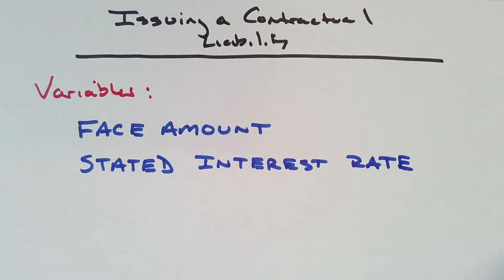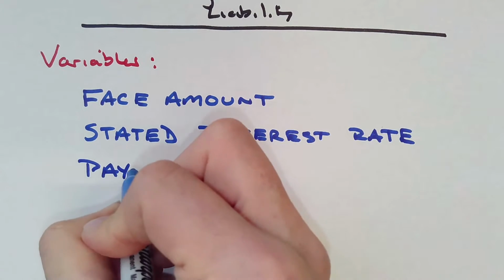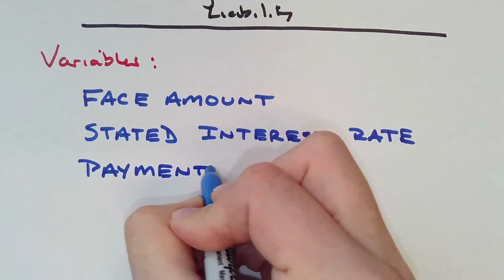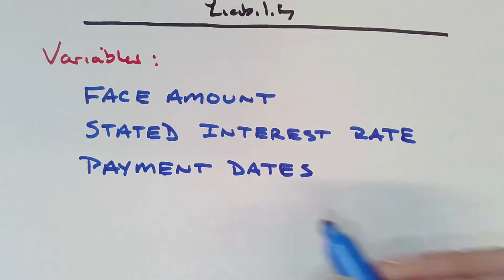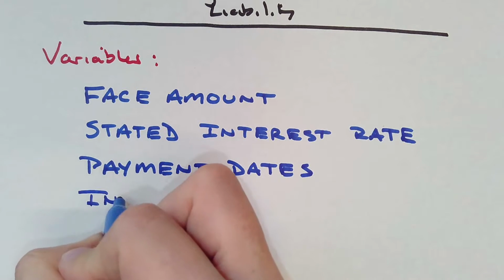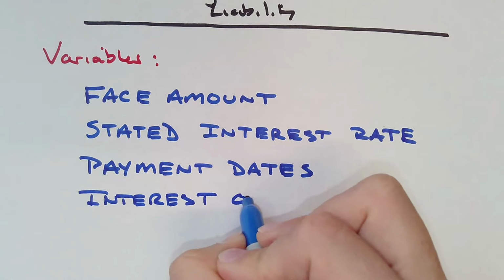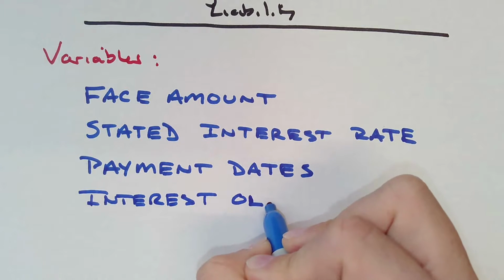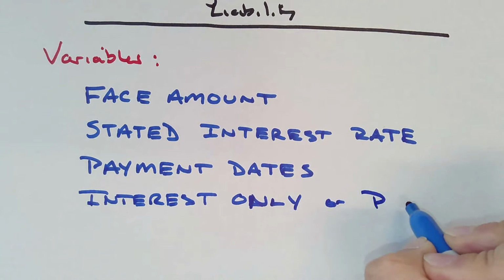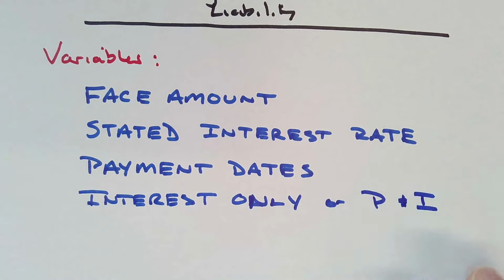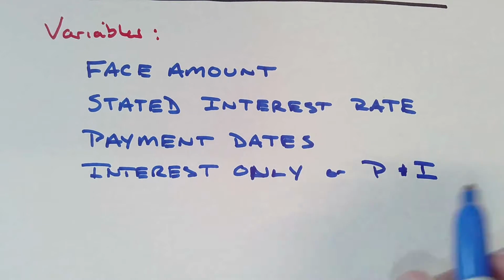They probably want this interest paid at certain intervals, so we want to identify the payment dates. And whether or not it is interest only. Or is it principal and interest? So we need to know those things. We need to know when the maturity date is.